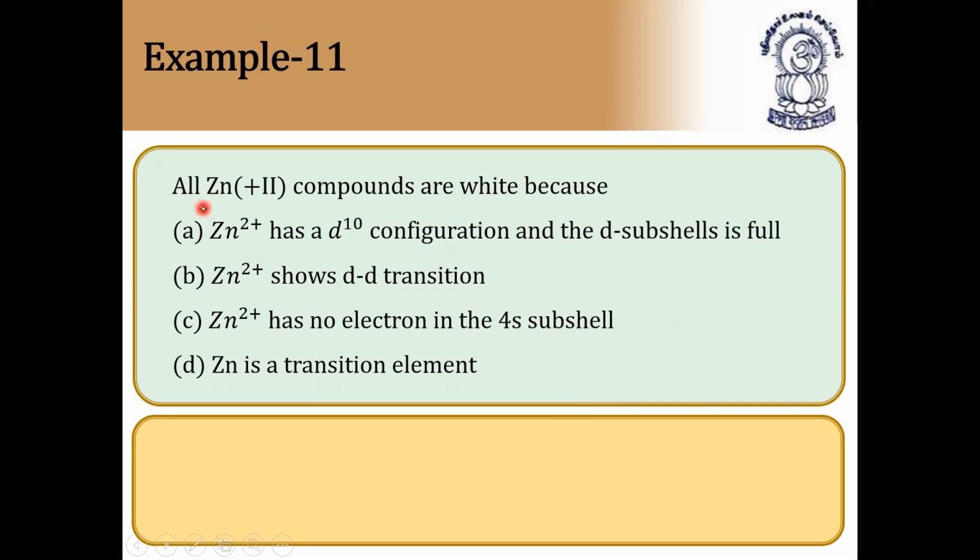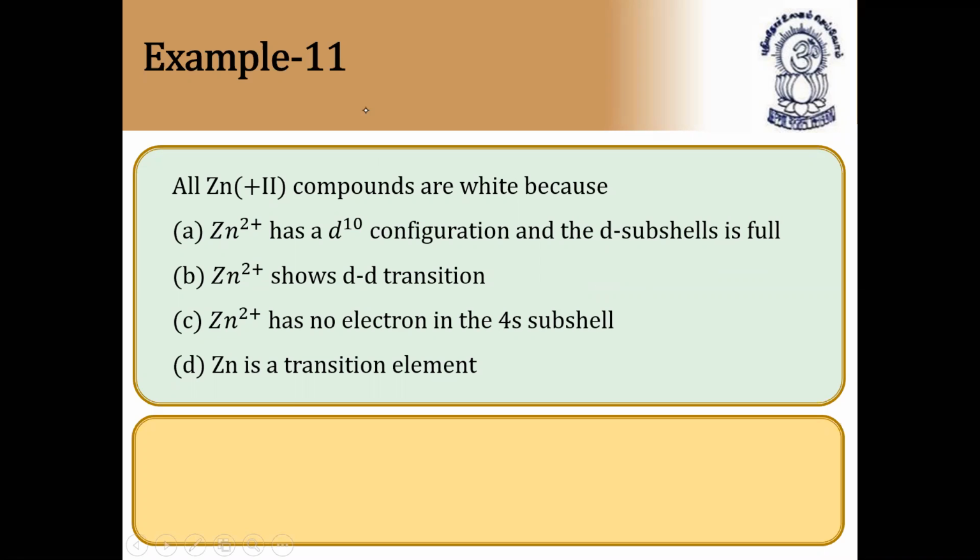All zinc plus 2 compounds are white because Zn plus 2 has d10 configuration, and the d subshell is full. Zn plus 2 shows d-d transition. Zn plus 2 has no electron in the 4s subshell, and Zn is a transition element. Very, very important here.